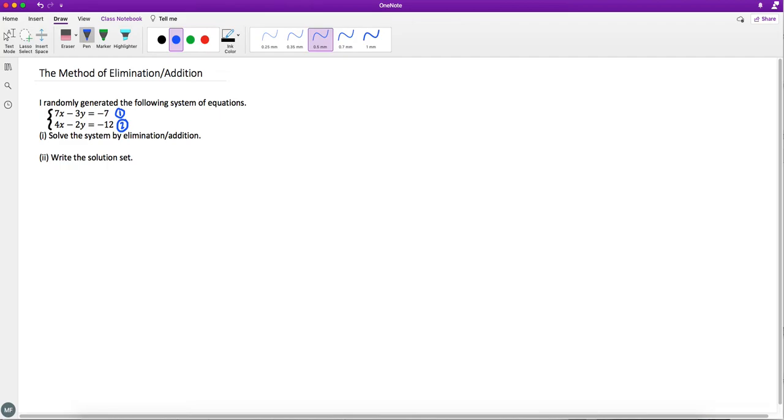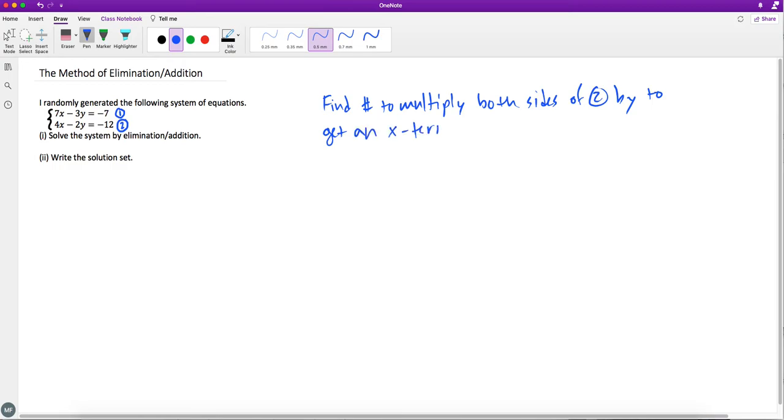So the first thing I'm going to do is find the number to multiply both sides of equation 2 by to get an x term that is equal to the additive inverse of 7x, in other words, negative 7x.